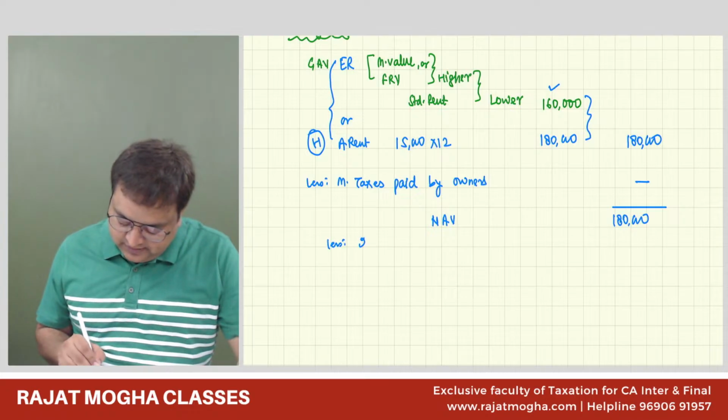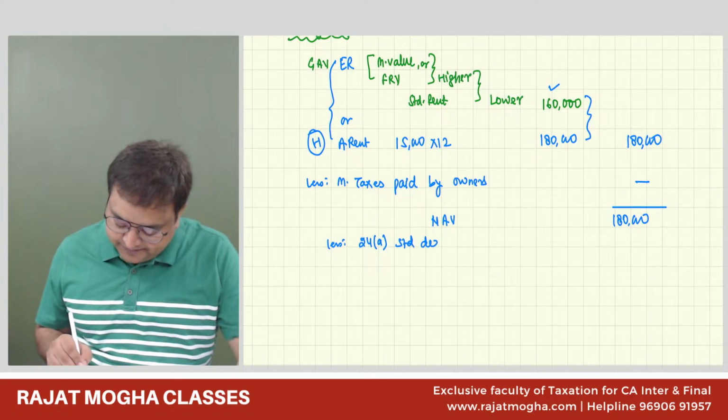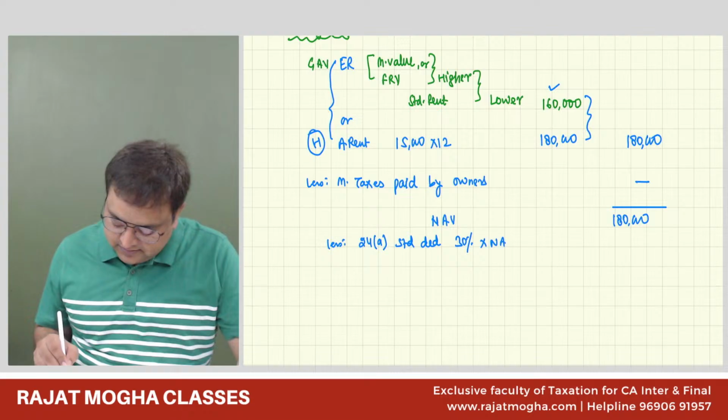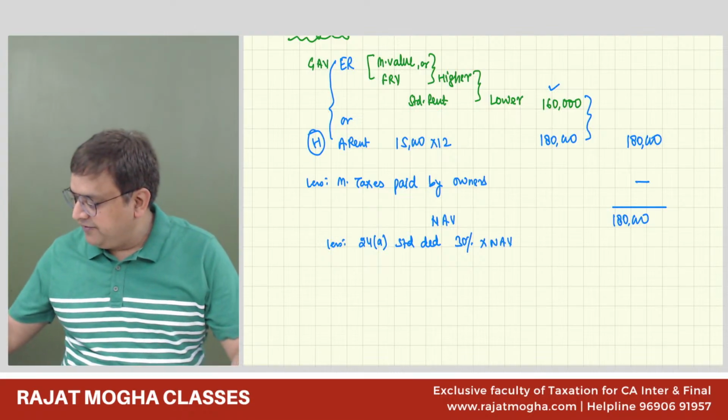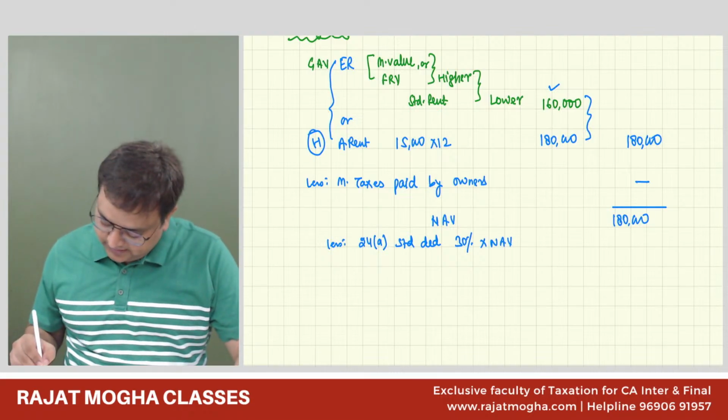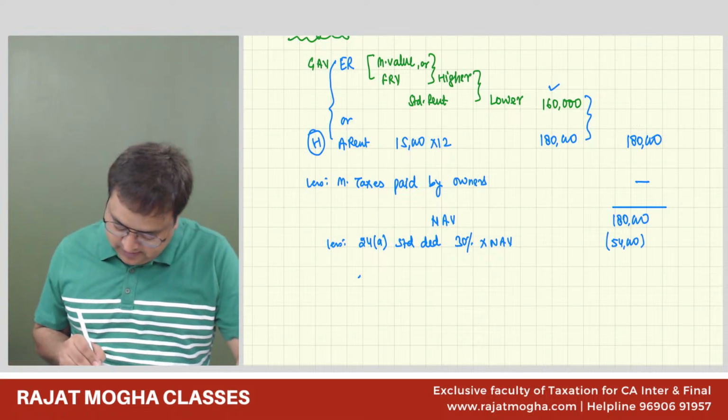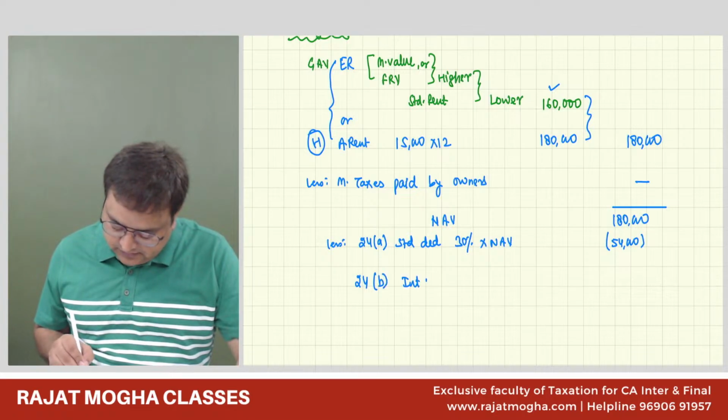Less: 24A, that is standard deduction, 30% of NAV. So I believe it would be 54,000. Then 24B, interest on loan.